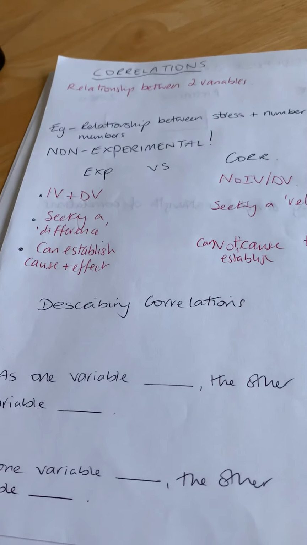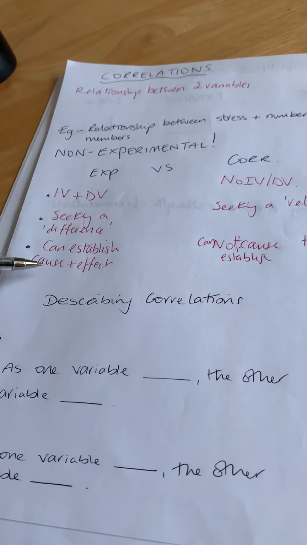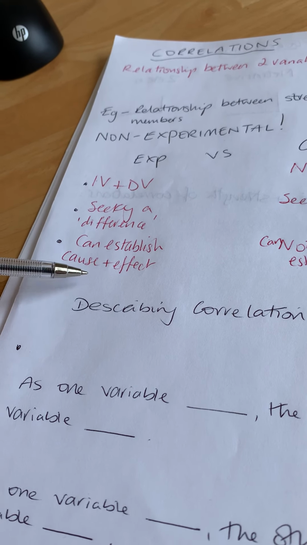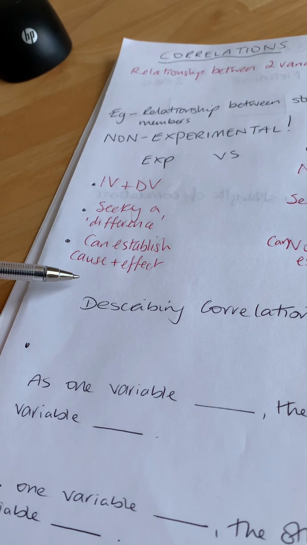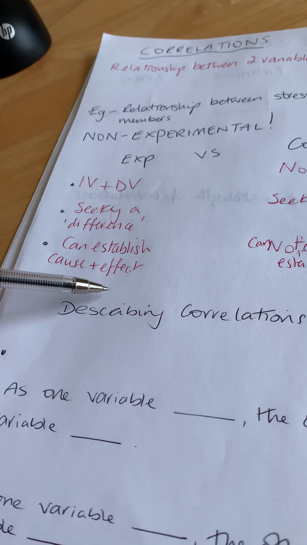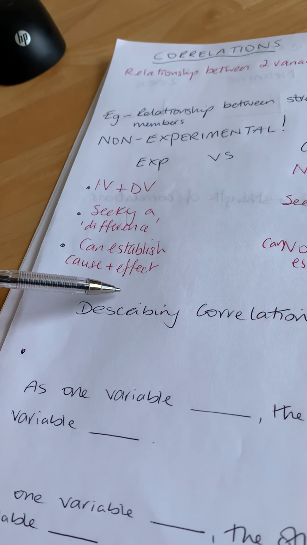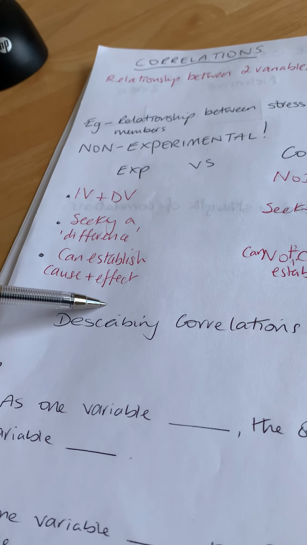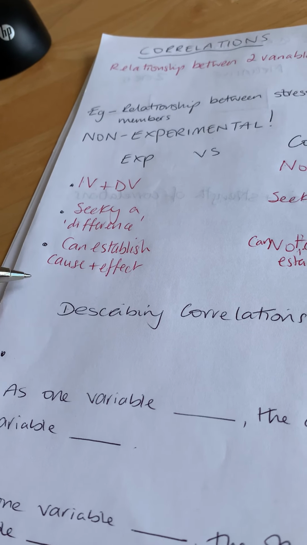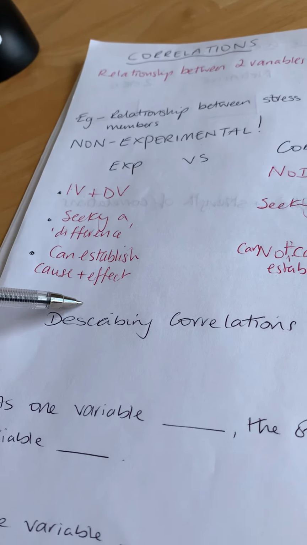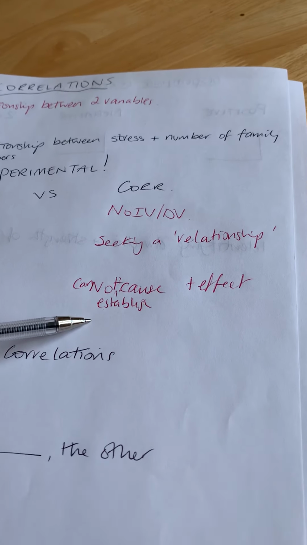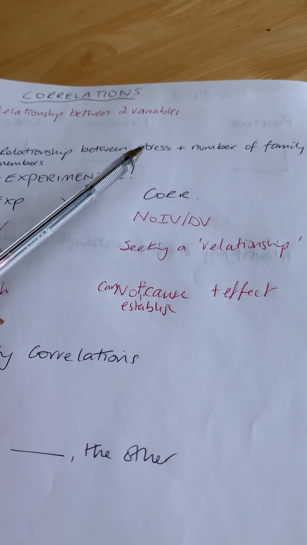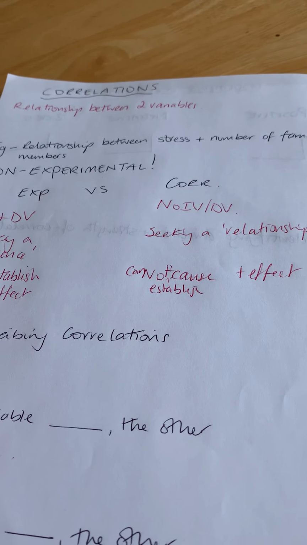In an experiment, we have two conditions, and we know that by changing something in the second condition, if the results differ, then one variable had an effect on the other. We know that, for example, an increase in caffeine improves memory. When it comes to a correlation, we can't establish cause and effect because we're not changing or manipulating anything. We've just got two separate variables that are measured.